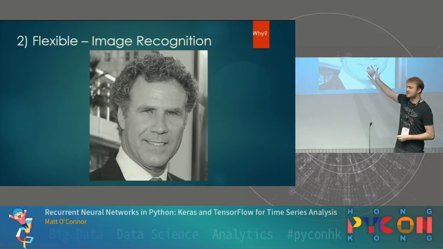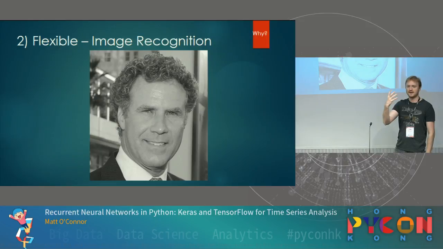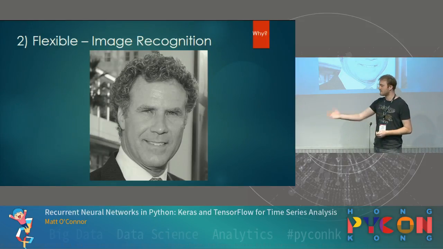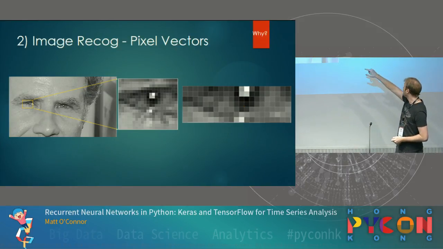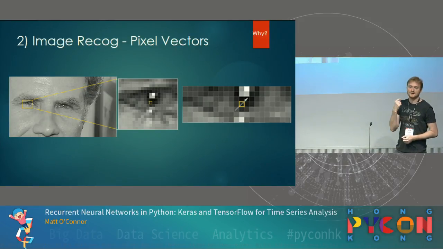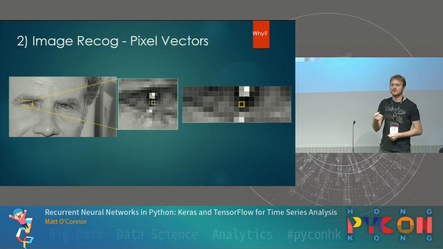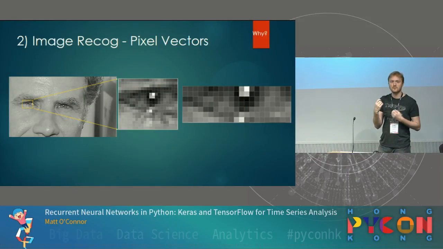You start out with a picture, let's say Will Ferrell. All neural networks do is convert data, whether it's time series data, image data, any data, into vectors. In the case of image recognition, we take each pixel. It has a certain value related to its lightness or darkness, a numerical value that the computer uses to represent that pixel.